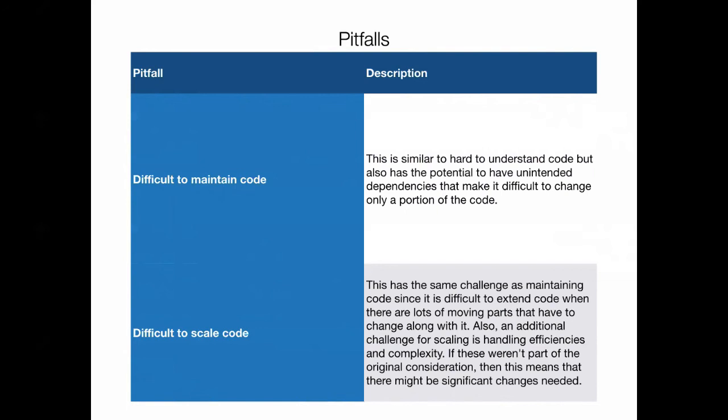And the last of the pitfalls that I wanted to share is that it's difficult to scale if it's not something you planned for. It's similar in spirit to maintaining code as well, because if you want to expand on something, it may involve other parts. And if those parts are glued at the hip together, then if I want to expand on something, all others have to move along with it.